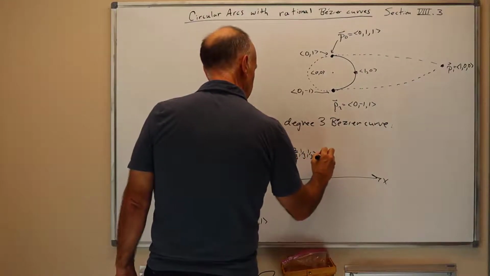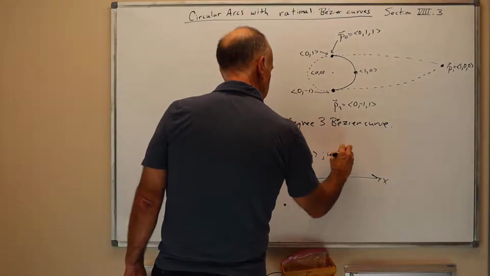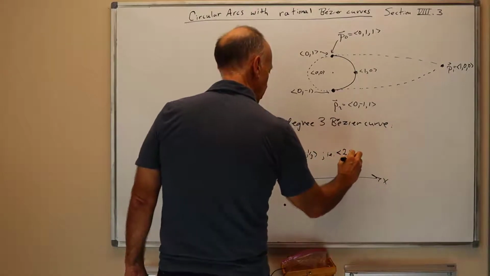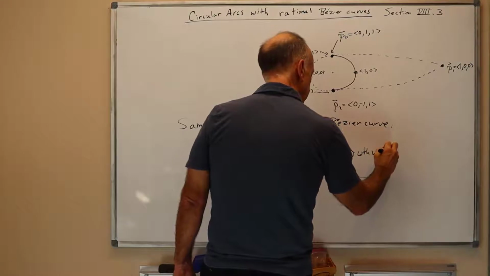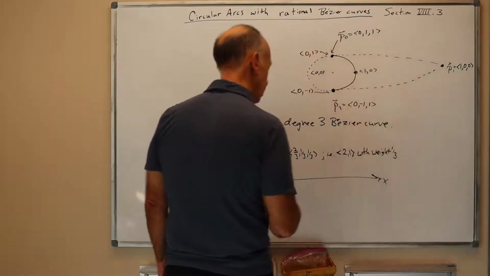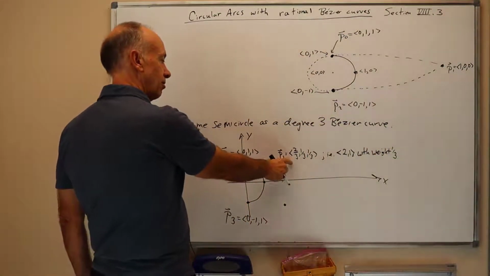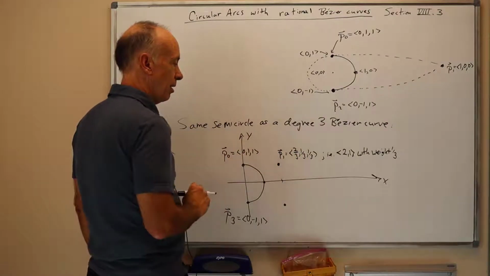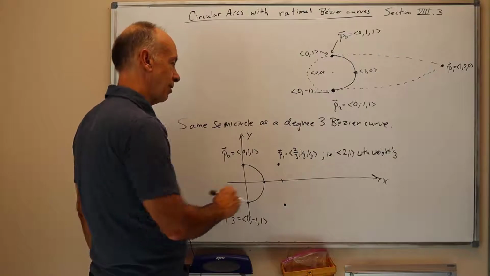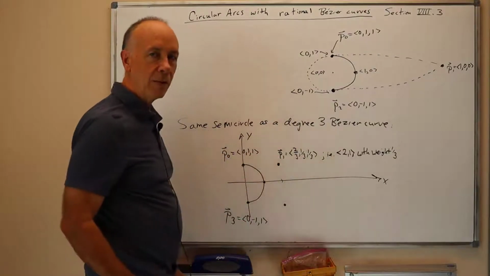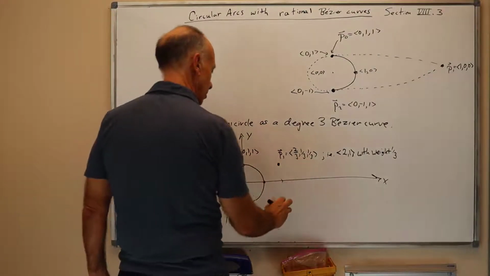In other words, it's 2, 1 in R2 with weight 1/3. So the control point is 2/3, 1/3, 1/3, but it will often be reported as being the point 2, 1 because this represents the point 2, 1 with weight 1/3 because the w value is 1/3.